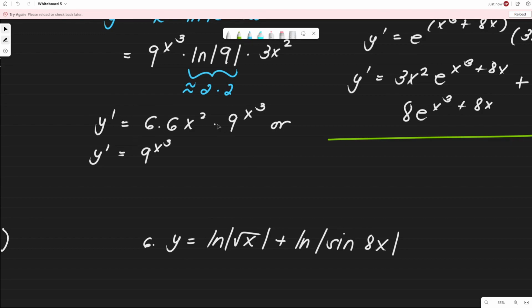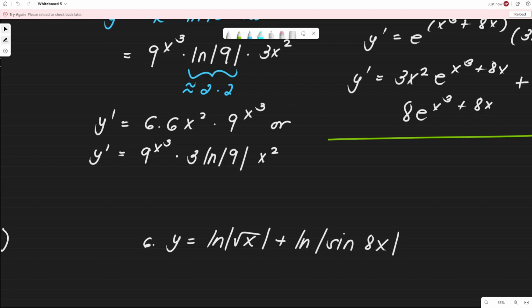9x cubed multiplied to 3 ln 9. Okay? So, or, ln 9. Then we have x squared. So, then we have 9 cubed, that is equal to 27 times 9, that is 200.